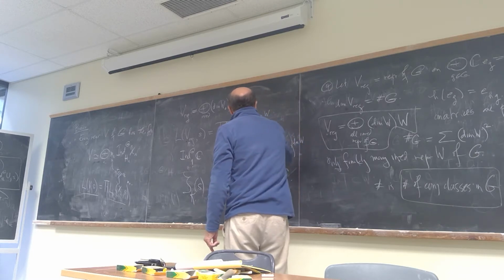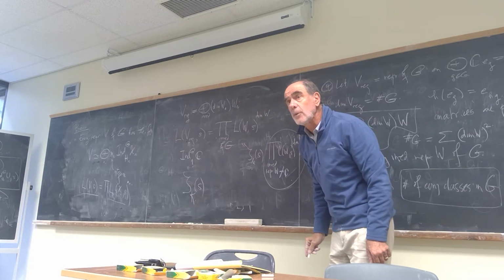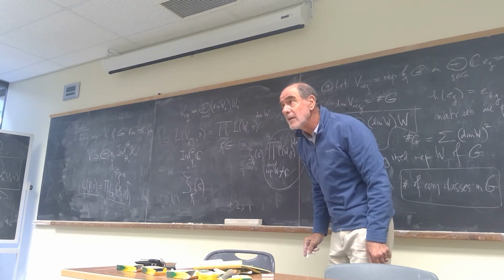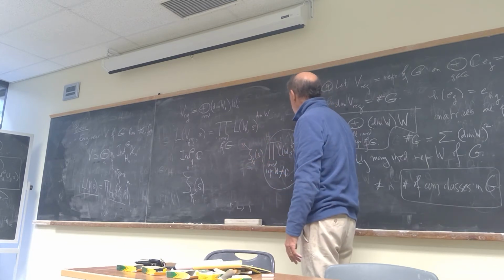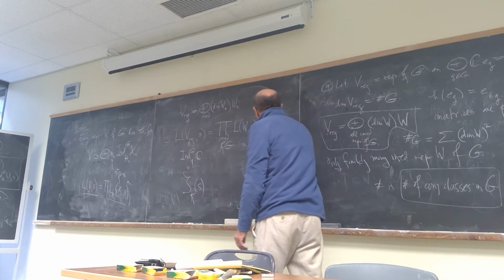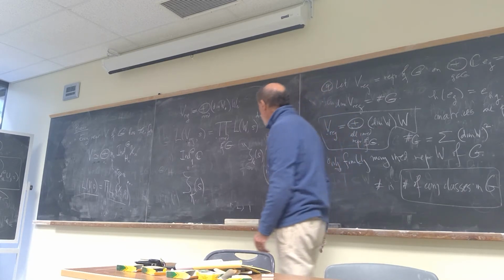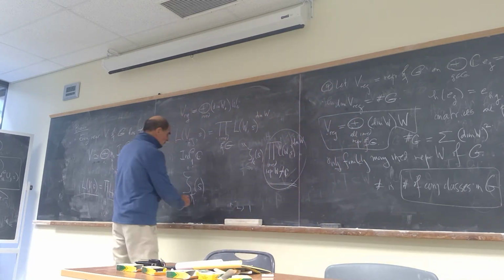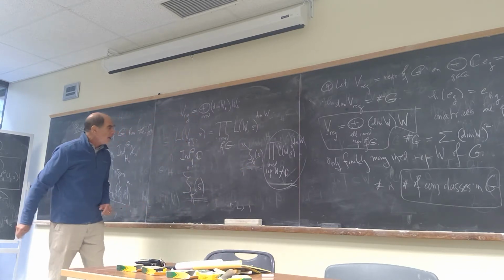Now the ones that aren't the trivial representation are exactly the ones for which Artin's conjecture is supposed to be true, right? Because they have no invariants. They're irreducible representations. So this product is supposed to be holomorphic in the whole complex plane. These functions are meromorphic in the complex plane, but they both have simple poles at s equal 1.